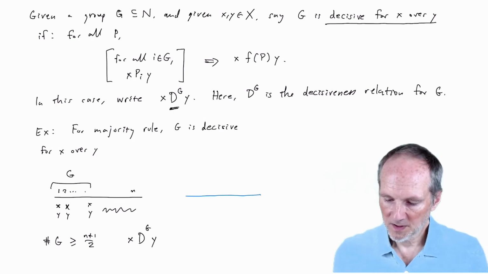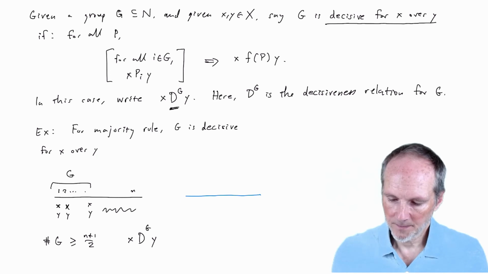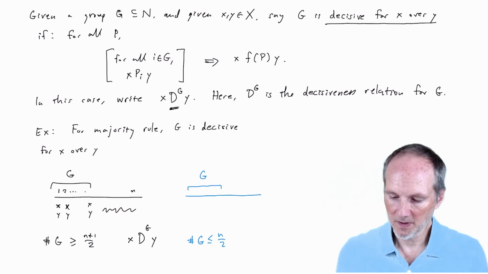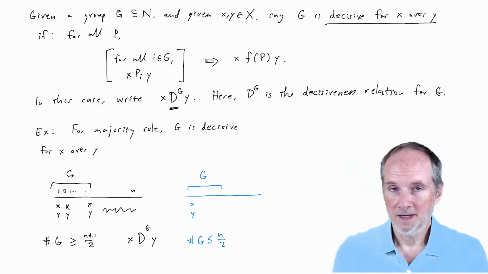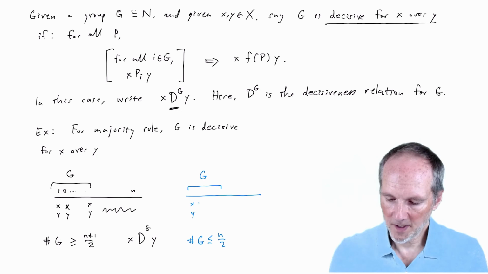But suppose that G is not a majority. So suppose it has less than or equal to n over 2 individuals. Now it's not going to be decisive, and here's why.